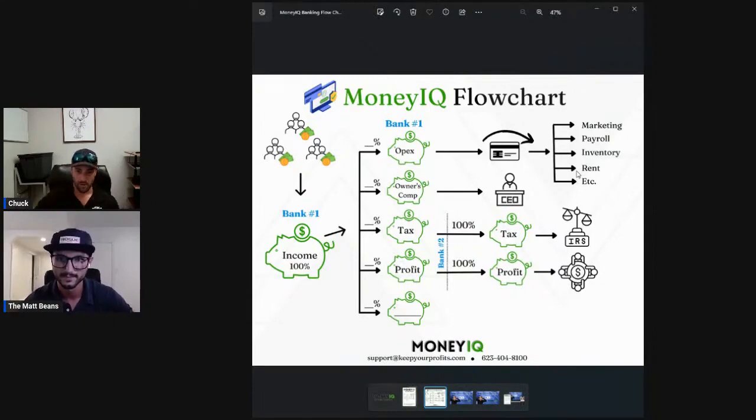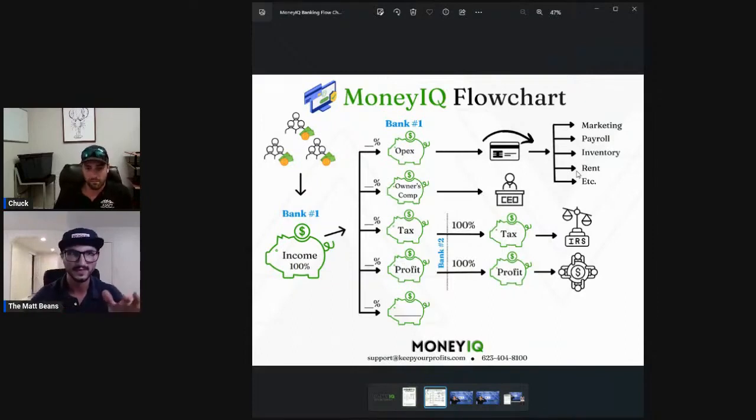So on your diagram, you've got bank one, bank two. So in this example, there's two bank accounts, but you're just dividing up what's in there? Nope. Every single piggy bank is an individual bank account.